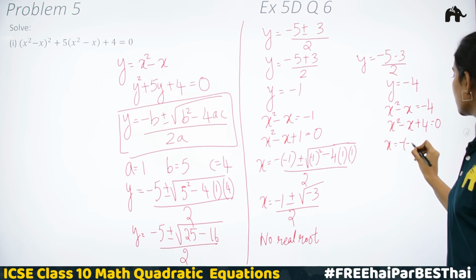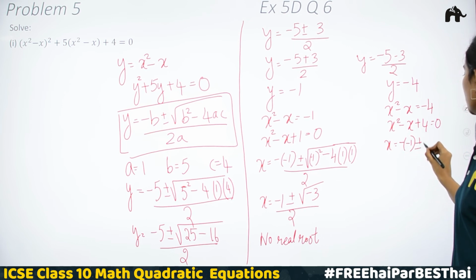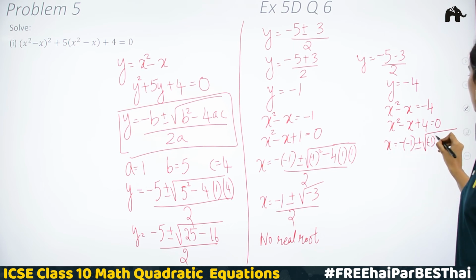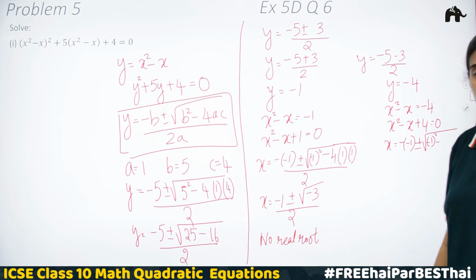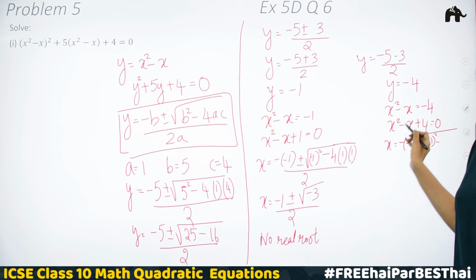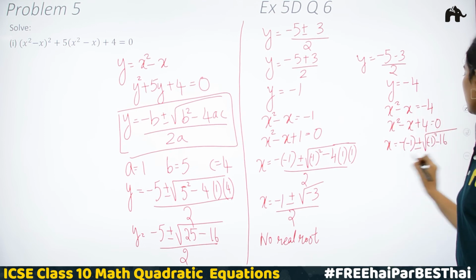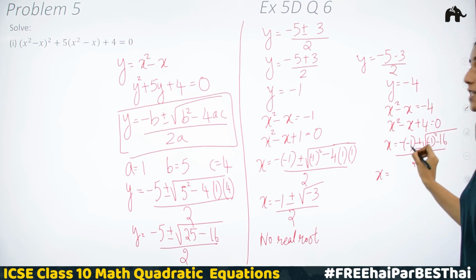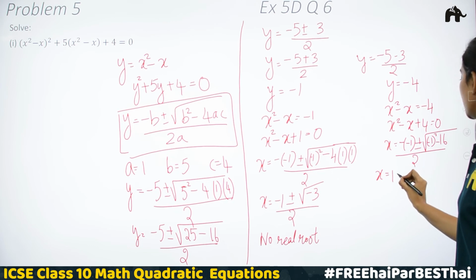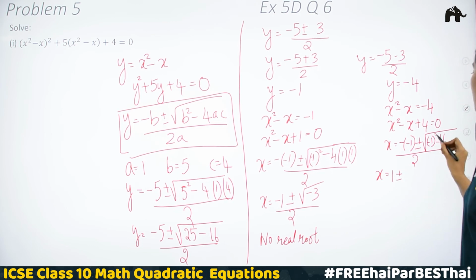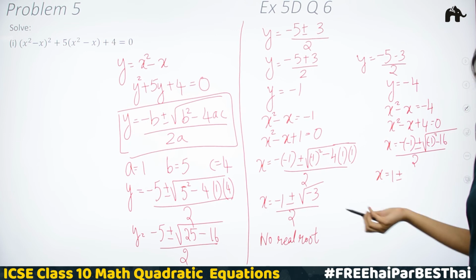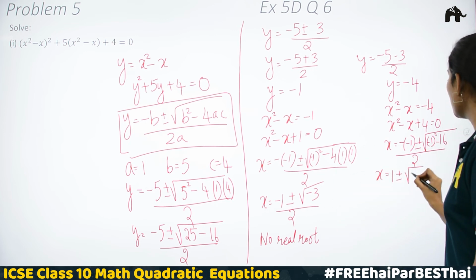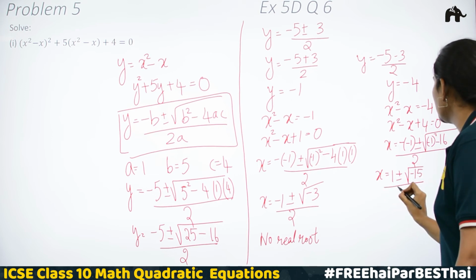Minus of minus 1 plus or minus root of b square, that is minus 1 square, minus 4ac, 4 into 1 into 4, that is 16, divided by 2. x is equal to minus of minus 1, that is 1, plus or minus root of 1 minus 16, minus 15 you will be getting, that is root of minus 15 by 2.